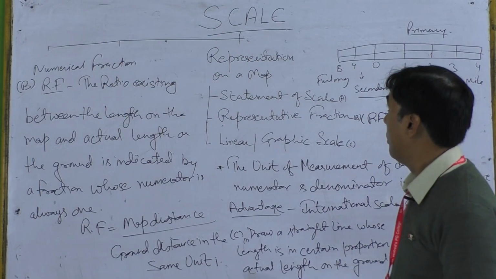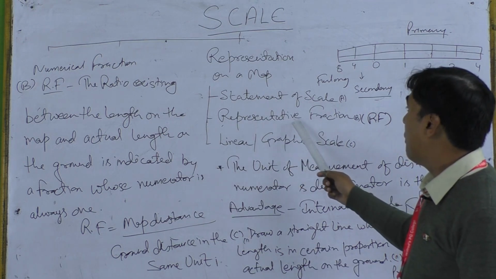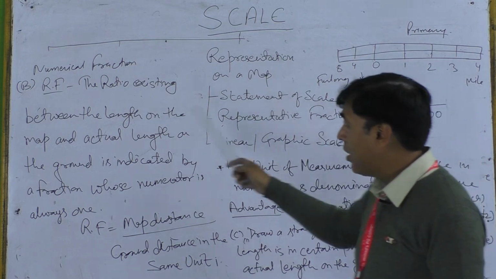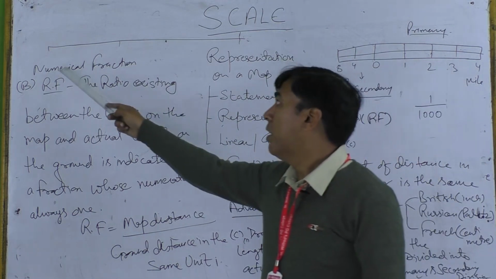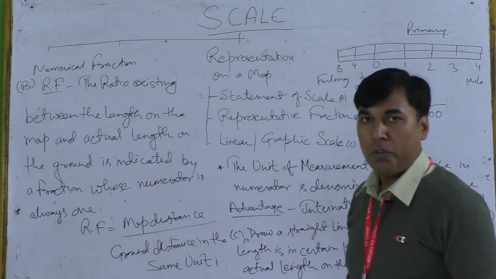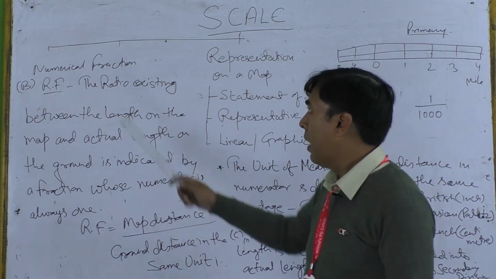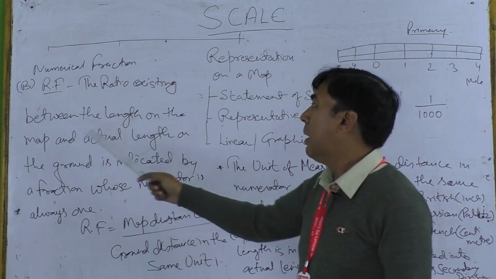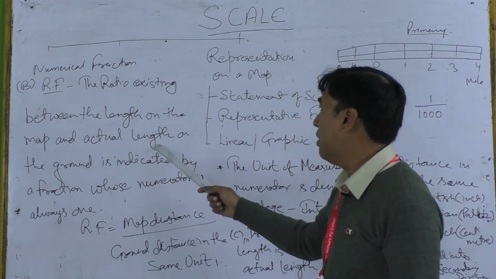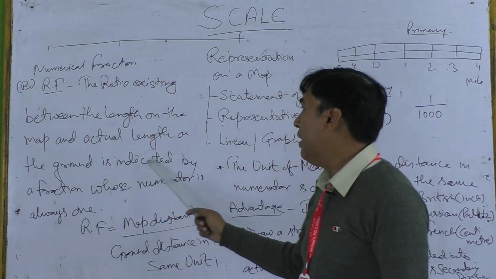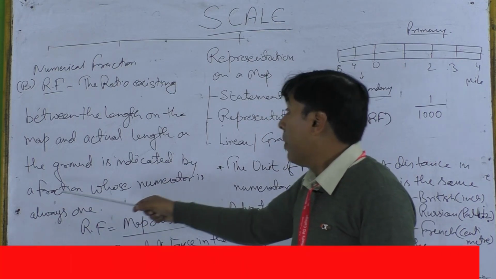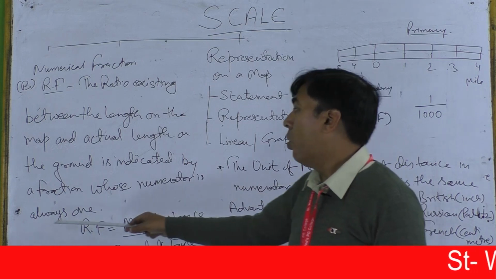Representative fraction, or in short form RF. Another name of the representative fraction is the numerical fraction. What is RF? The ratio existing between the length on the map and the actual length on the ground is indicated by a fraction whose numerator is always 1.